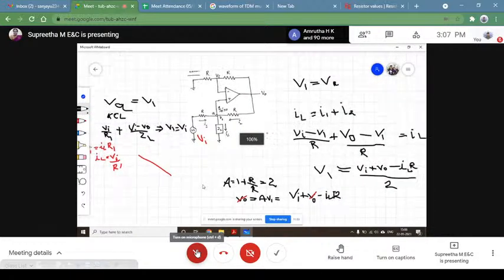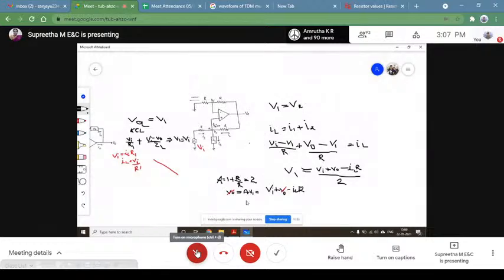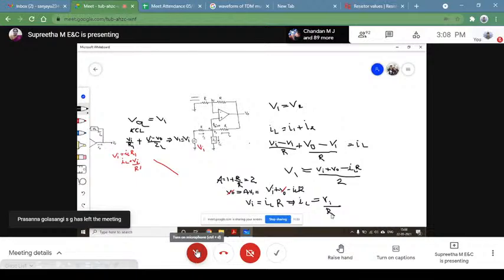So my expression reduces to Vi is equal to IL into R. If we simplify it further, the current IL is equal to Vi by R. Here also you can see the source input voltage is converted into the load current flowing through your circuit. Is that clear?